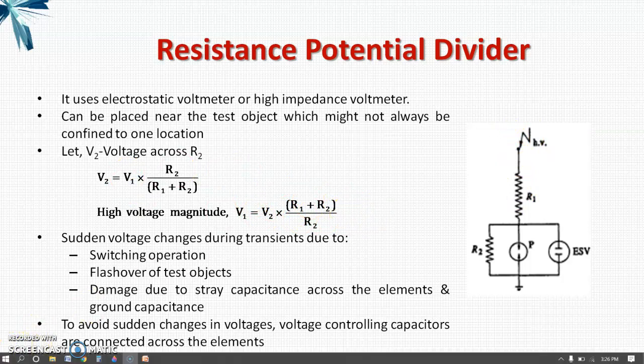In this arrangement, sudden voltage changes can occur due to transients because of switching operation, flashover of test objects, and damage due to stray capacitance across the element and the ground. To avoid sudden changes in voltages, voltage controlling capacitors are connected across the element.